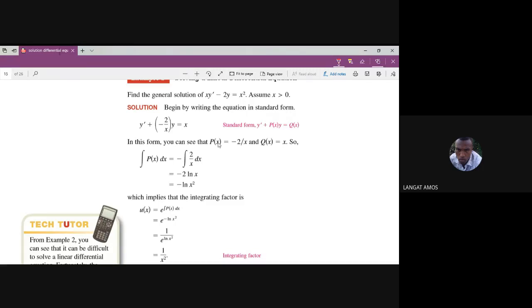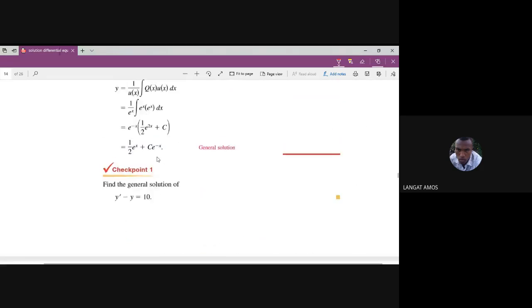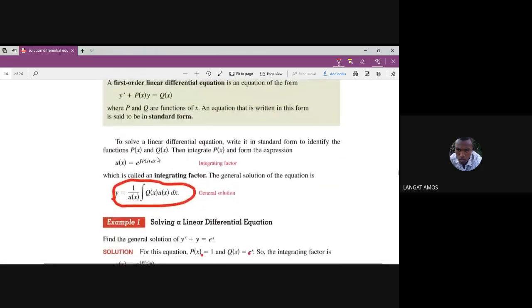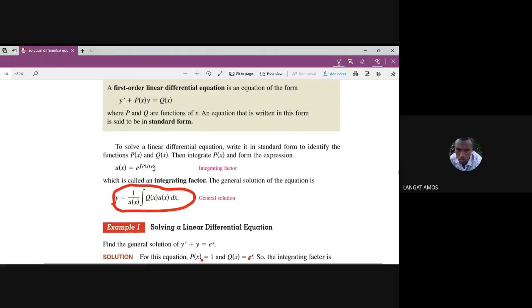p(x) equals this one, and q(x) is x. You first find the integrating factor. For the integrating factor, u(x) equals e raised to the integral of p(x) dx.